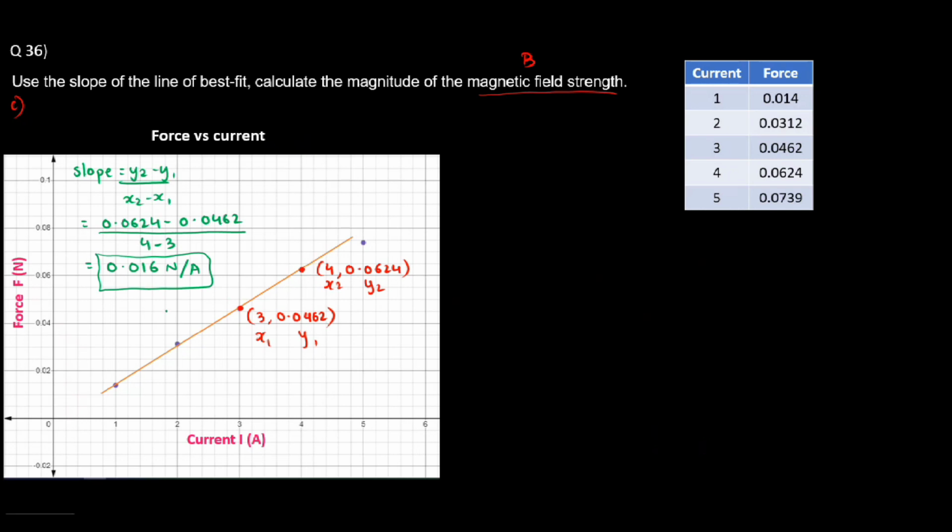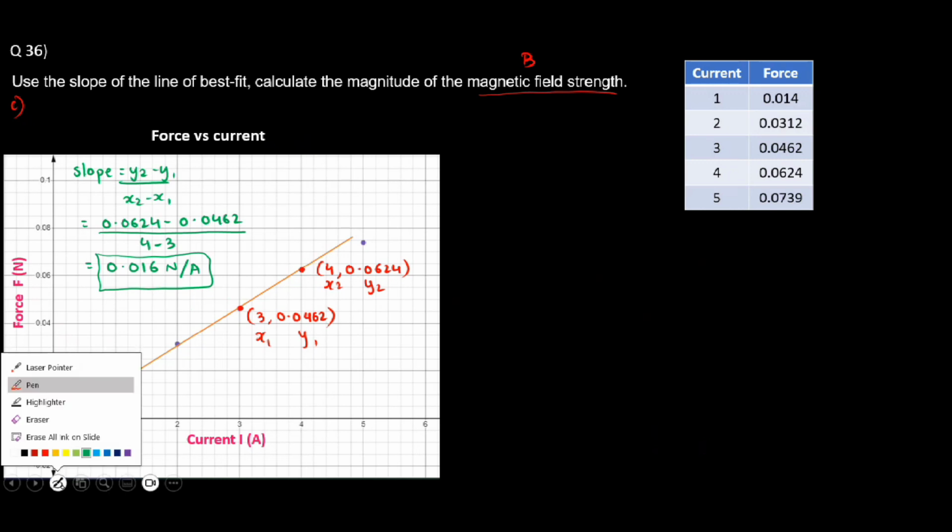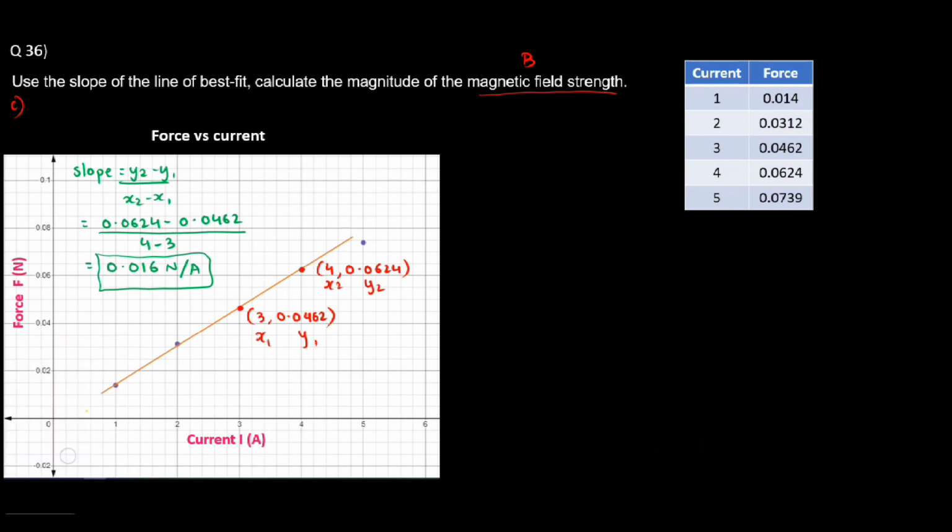After I find my slope, I need to use this slope to calculate magnetic field strength. Now the relationship between current, force, and magnetic field strength is F equals ILB sine theta. If I take my theta to be 90, sine 90 will be 1.